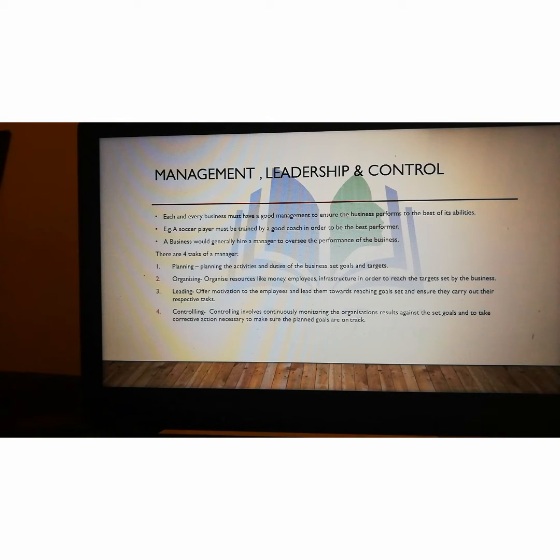What are the targets? Those are the targets, but what are the objectives? This means that we must ensure that each and every customer that walks into the business is always served to the best of our abilities. They are always happy when they leave the business.